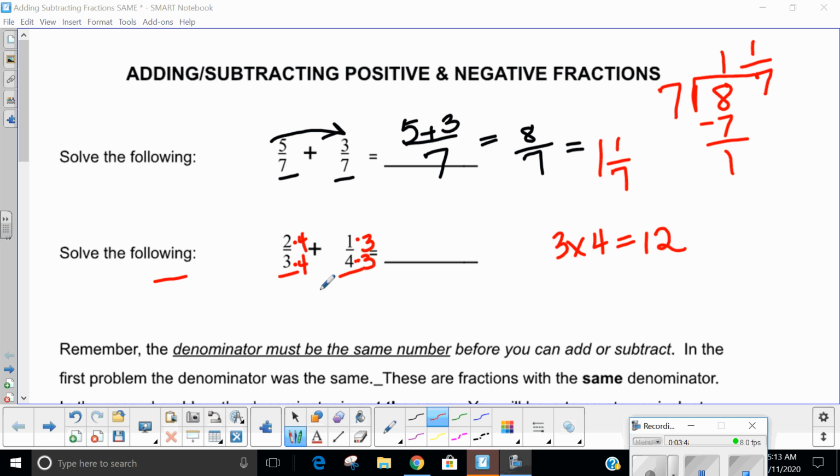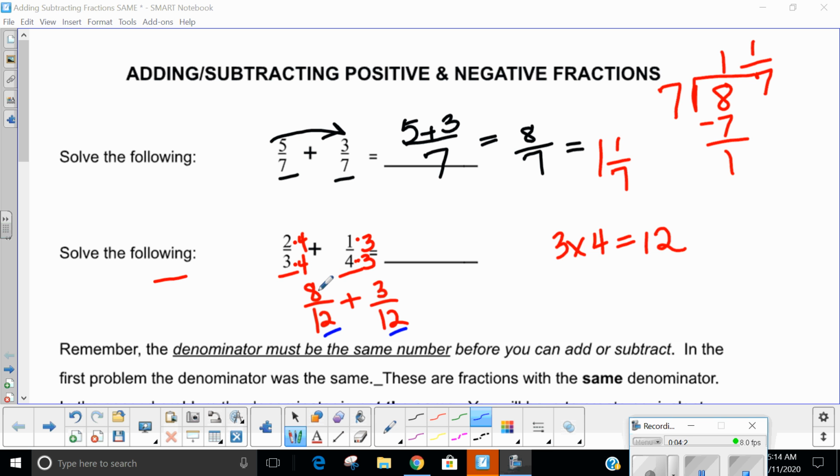So in this case, we're now going to recalculate the fractions and find equivalent fractions, and we're going to say 8, 2 times 4, over 12, 3 times 4, plus 3, 3 times 1, over 12, 4 times 3. Now we have our denominators the same. If you notice, the denominators are now both 12.